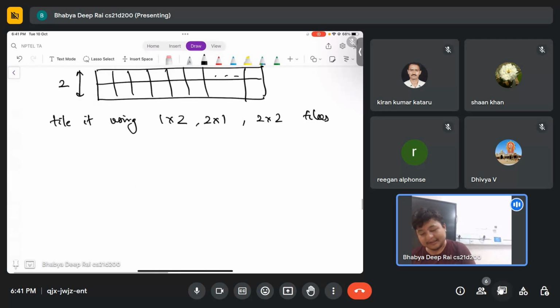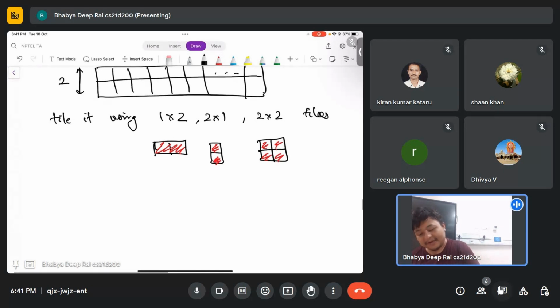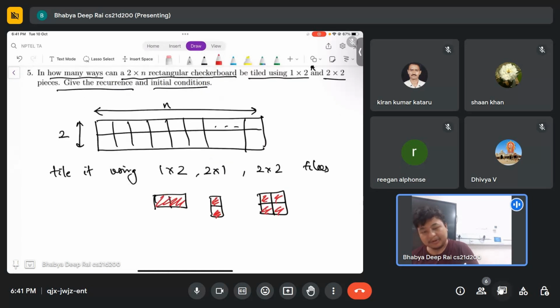So what are the tiles like? 1 cross 2 means like this, 2 cross 1 is like this, and 2 cross 2 is like this. To show that these are tiles, I'll just color them red. What do I mean by tiling? Tiling means covering all the board.